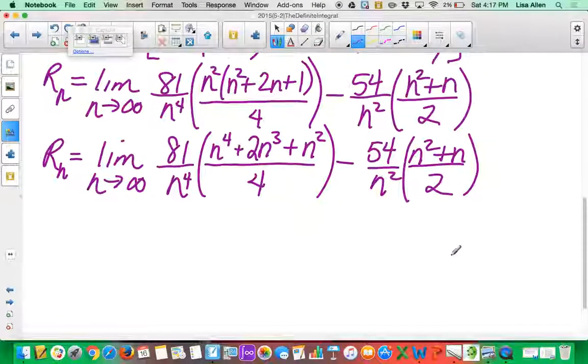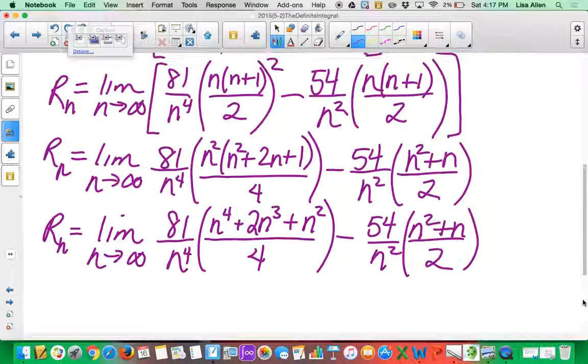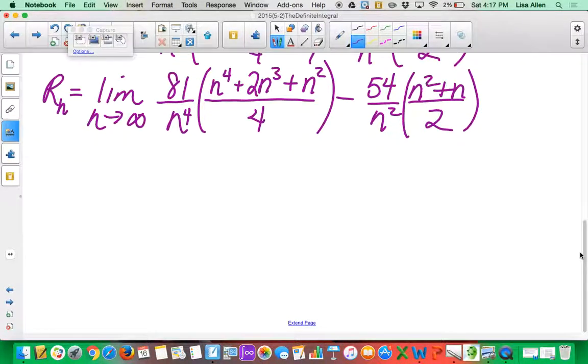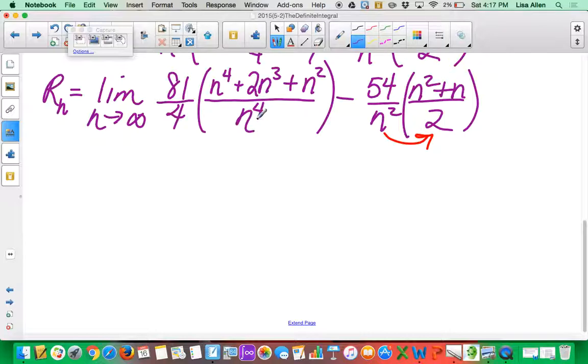Now, I can see that with these denominators, I'm going to do a little switching here. I'm going to switch the order of these two in this step. So I'm going to write this as 4n to the 4th, just switching the order, because I know I'm dealing with limits at infinity.